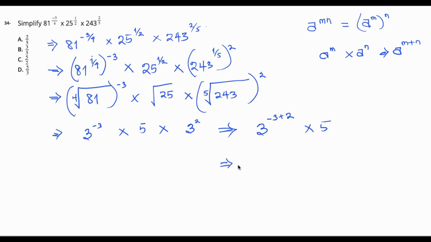Minus 3 plus 2 is equal to minus 1. So this is 3 raised to power minus 1 times 5. And we know that anything raised to power minus 1 is 1 over that number. So 1 over 3 multiplied by 5 is equal to 5 over 3. So our answer here is D.